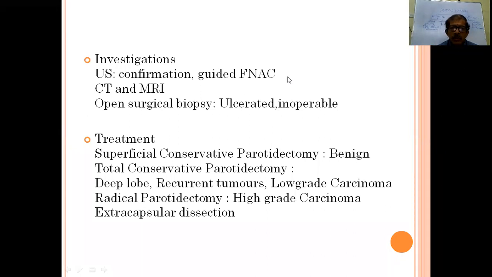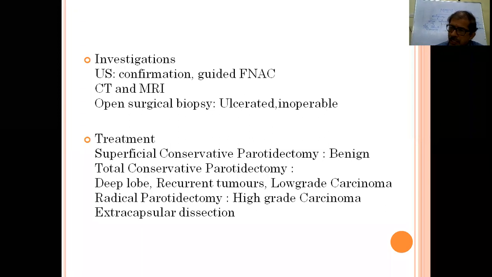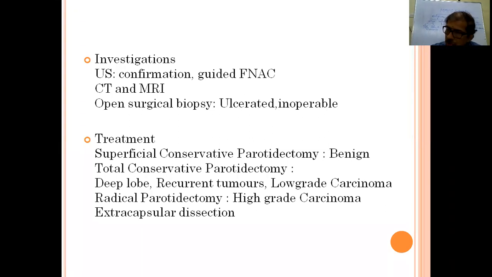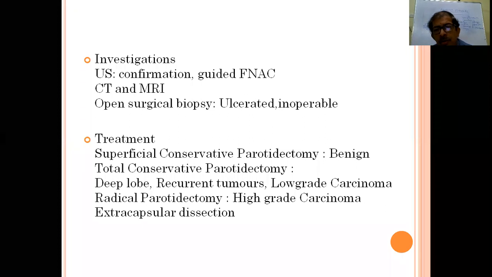So before I go for the treatment, clinically, of course, in the clinical posting, you will be told about the clinical features of pleomorphic adenoma, and there is another tumor called Warthin's tumor.